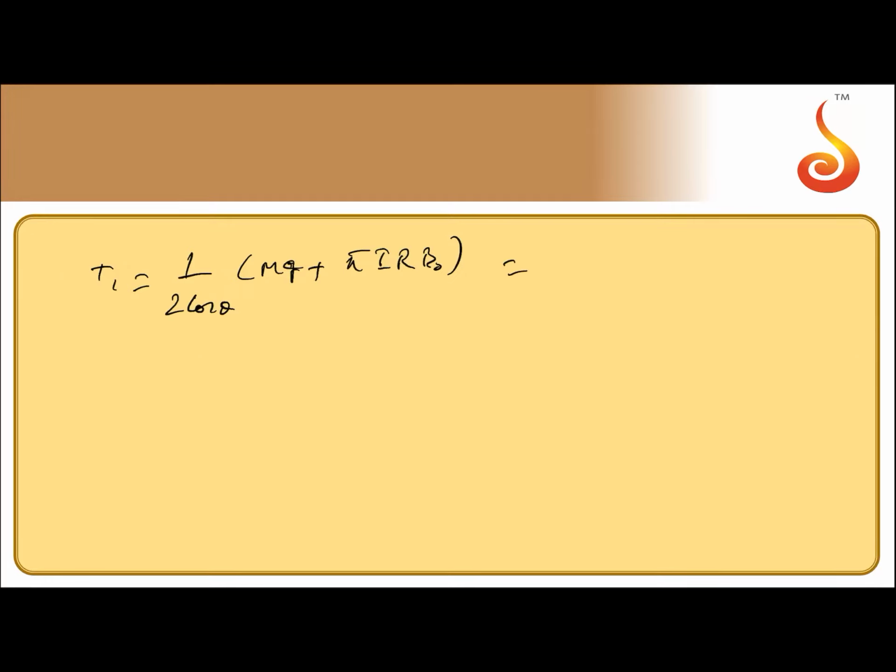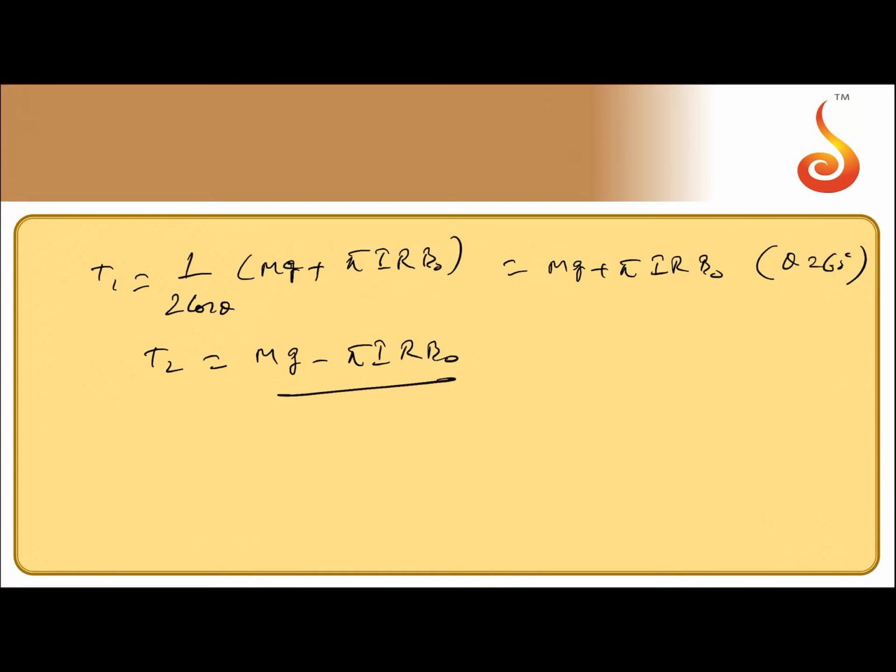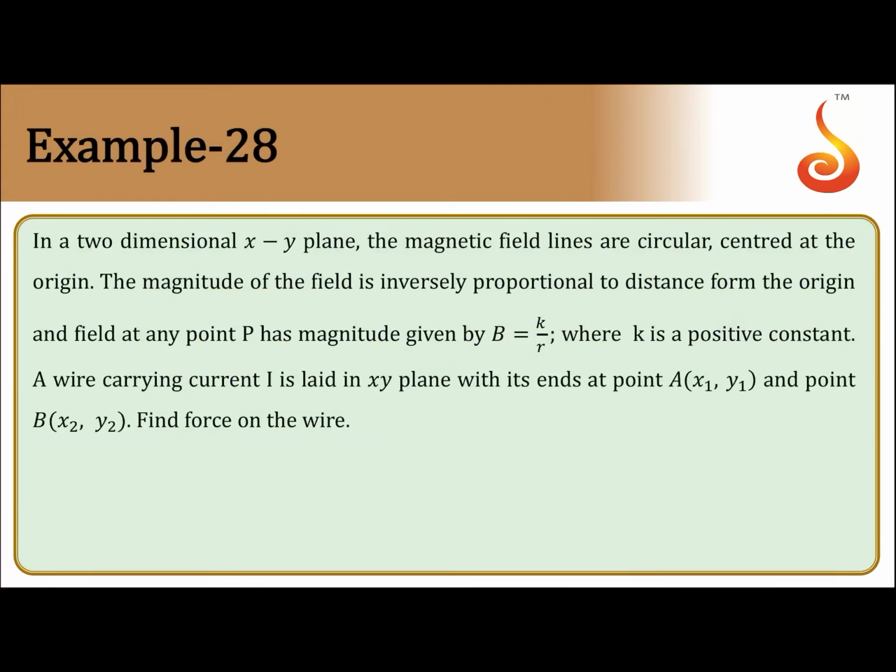So this will be equal to simply mg plus pi I R B naught, theta 60 degree, and T2 will be then mg minus pi I R B naught. So these are the values of T1 and T2.